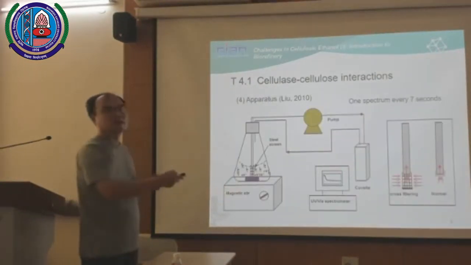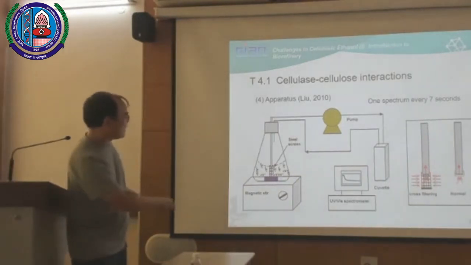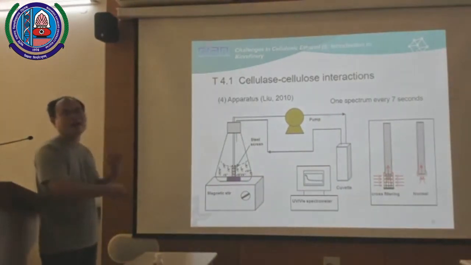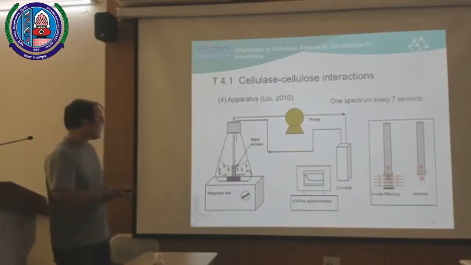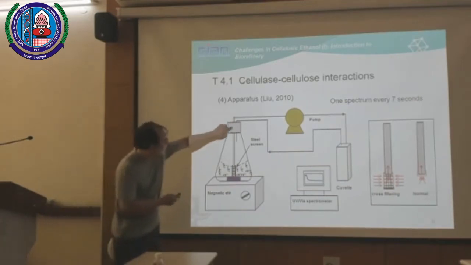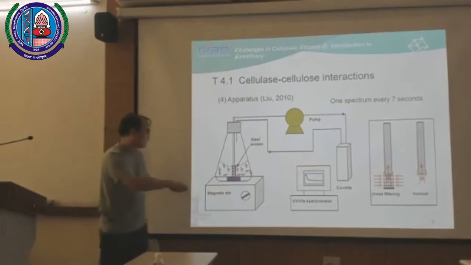Every second it produces one spectrum. Okay, I developed an apparatus like this. I like to develop new apparatus. It is here in this flask. And here is a magnetic stirrer.